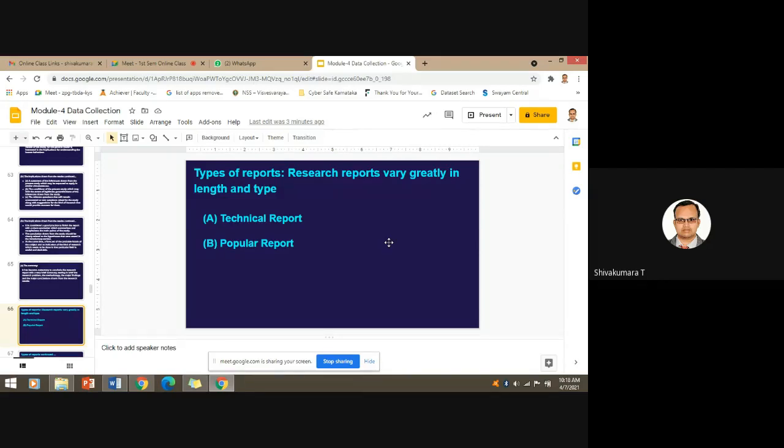Usually they will provide the report in the form of statistics, in one or two pages of information. That's also a report type. We'll discuss more about the technical report and popular report in the next class. As of now, let us understand briefly the types of reports. Usually reports vary in their length and type.